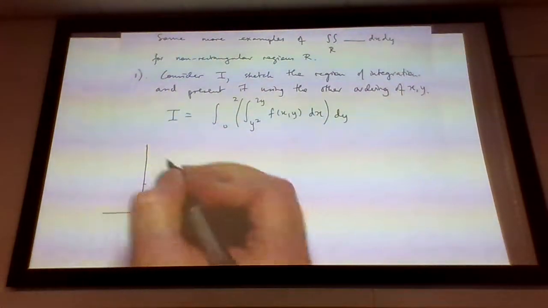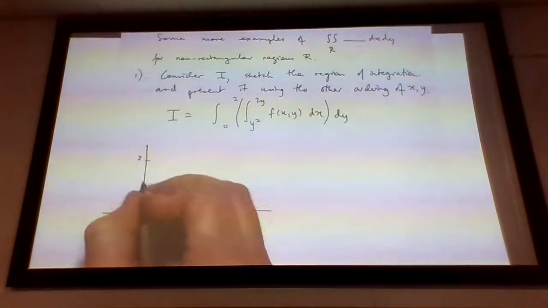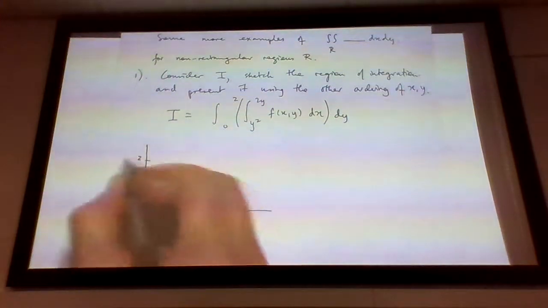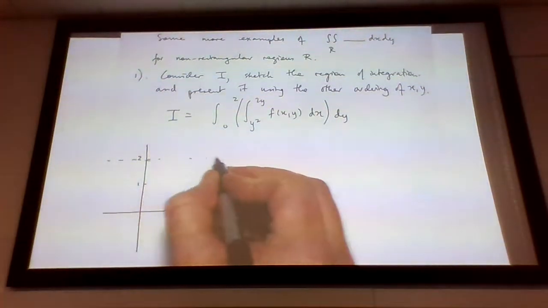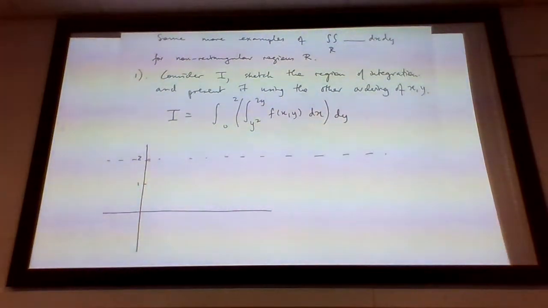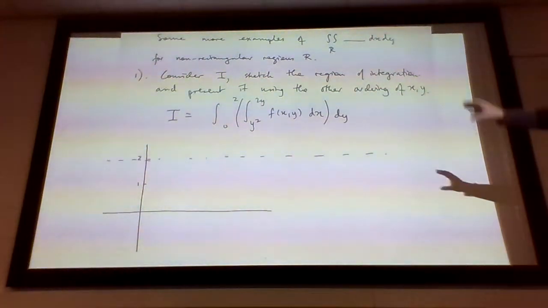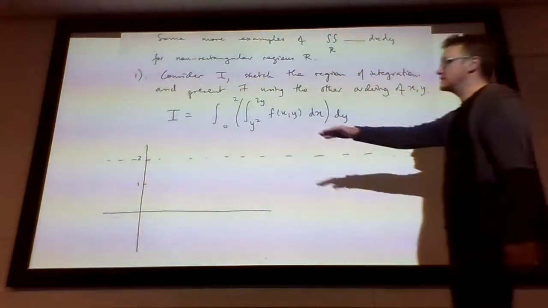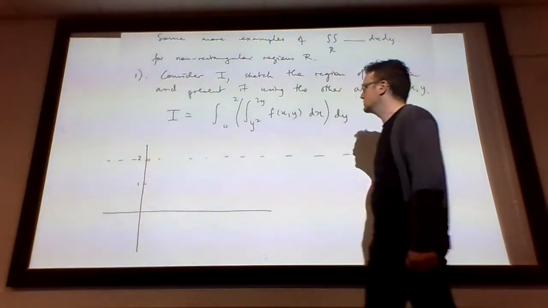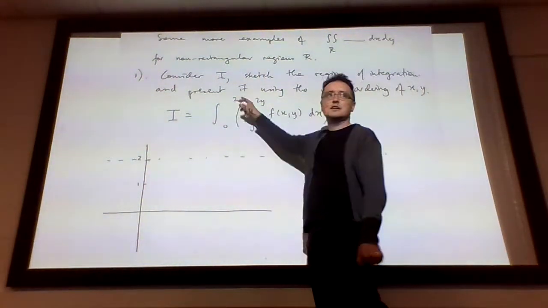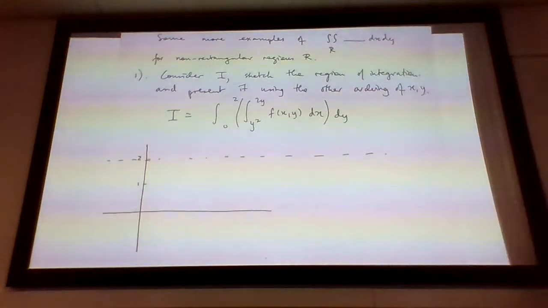So that means from y equals 0, 1, and 2, the region of integration, whatever it is, must be somewhere in this horizontal band, the horizontal band from y equals 0 up to y equals 2. Okay, because that's where we're integrating with respect to the y variable.